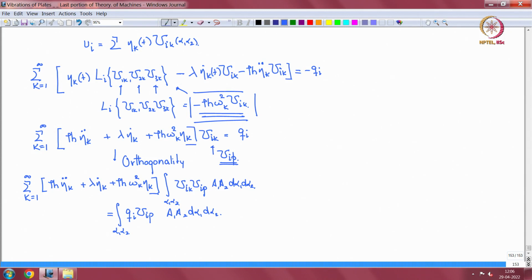Okay, so what happens now? This is for the ith direction. I equal to 1, 2 and 3, all of them have the same participation factor because it is one mode.